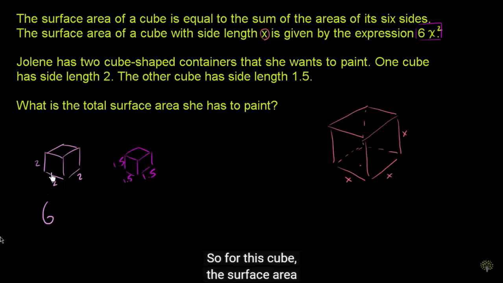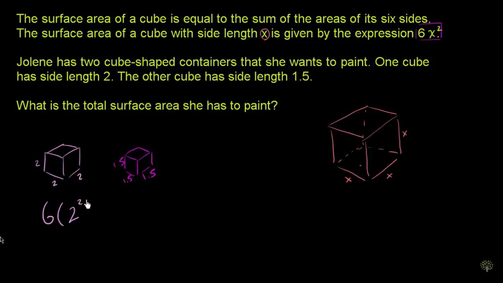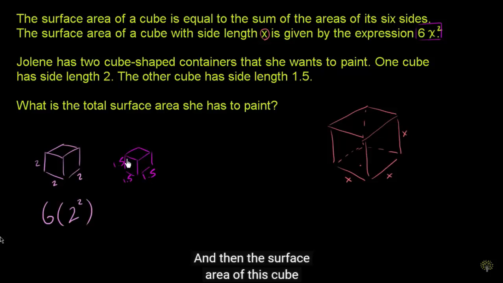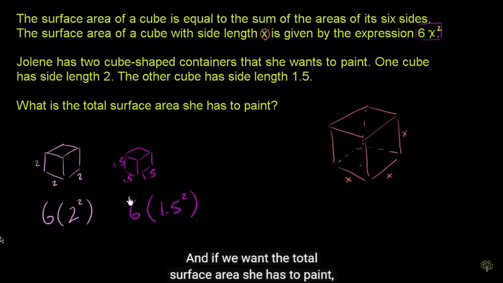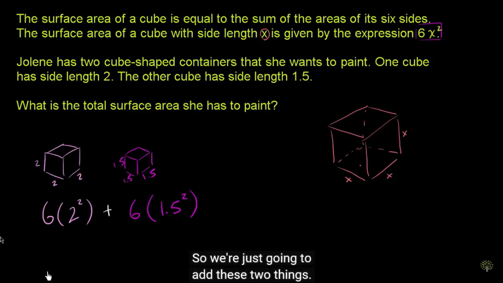So for this cube, the surface area is going to be 6 times 2 squared. And then the surface area of this cube is going to be 6 times 1.5 squared. And if we want the total surface area she has to paint, it's going to be the sum of the 2 cubes. So we're just going to add these 2 things.